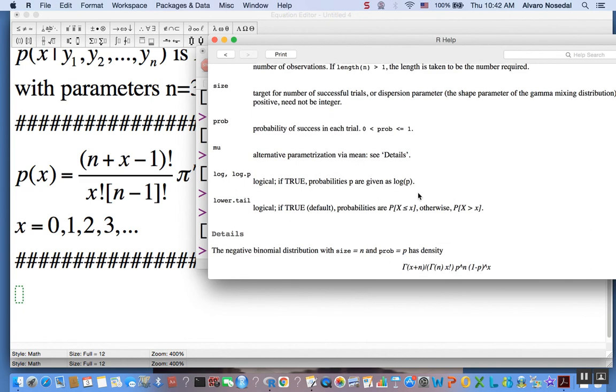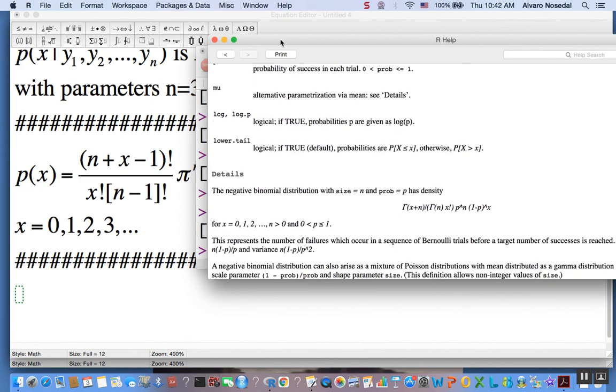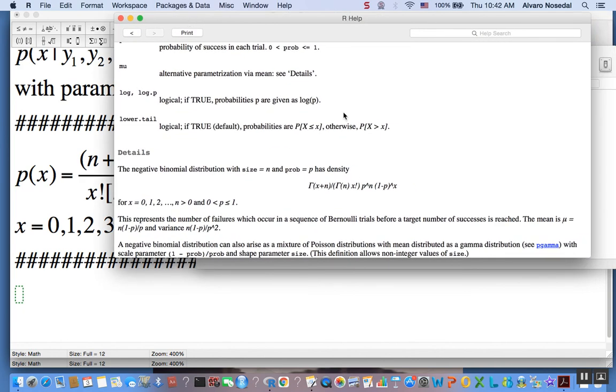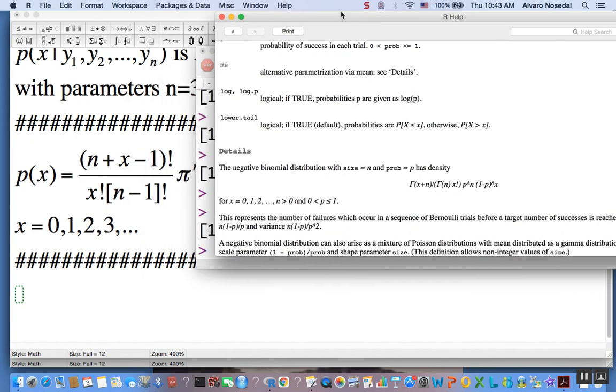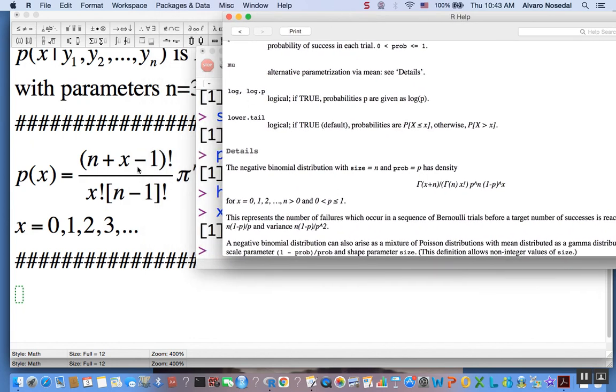We have to check that those who programmed this in R are using the same expression for the probability mass function. So we have the gamma function evaluated at x plus n divided by the gamma function evaluated at n times x factorial. That's the normalizing constant.